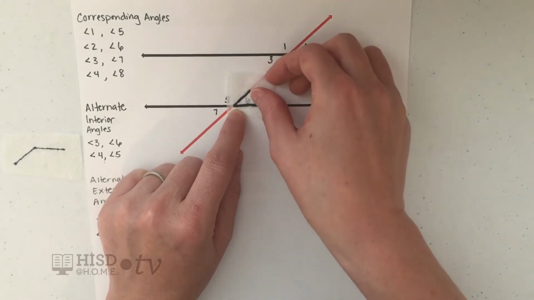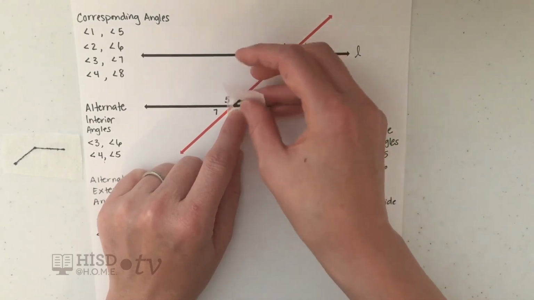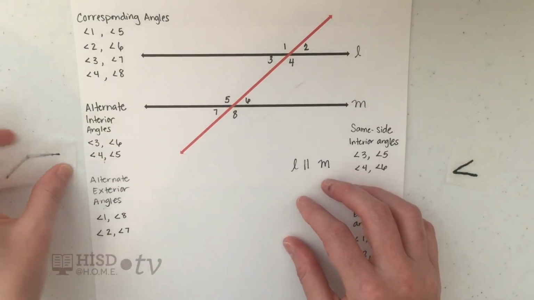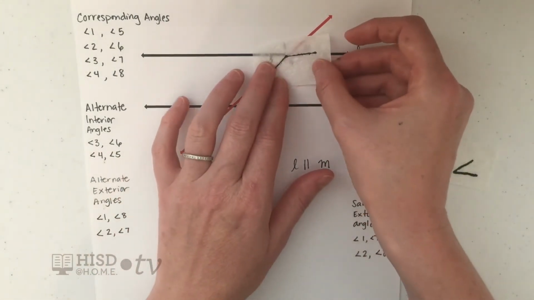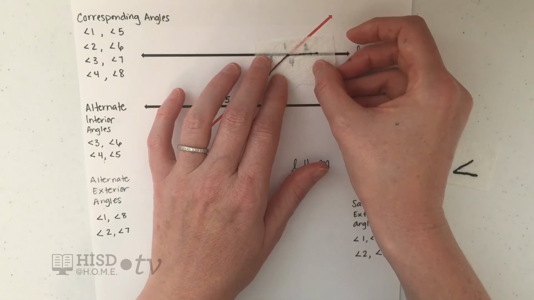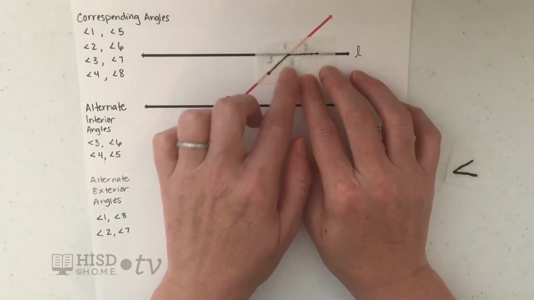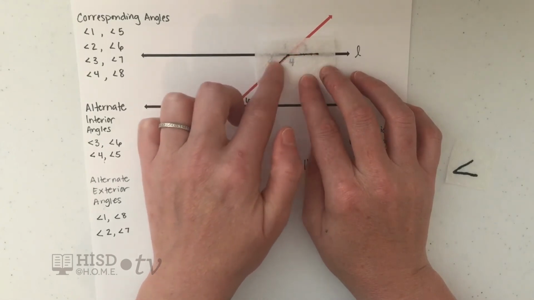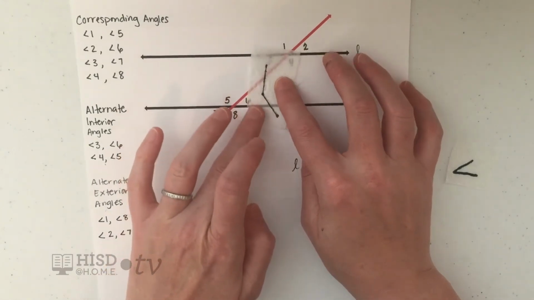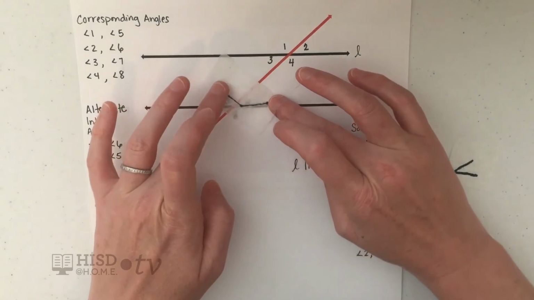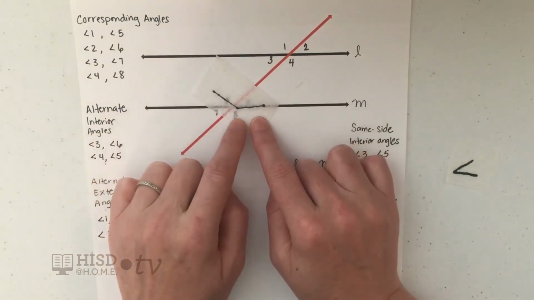But now let's see if our same side interior angles are congruent. So I traced angle 4. It was quite a big angle. We call this what? Obtuse, that's right. So this is our obtuse angle. And when I bring it down to angle 6, you can see it does not line up.